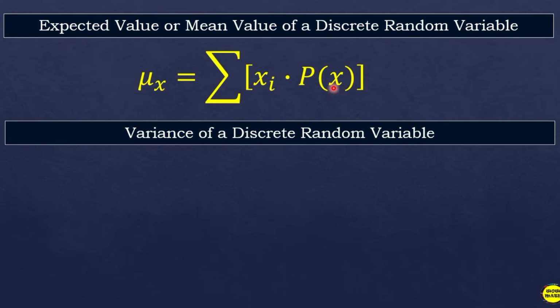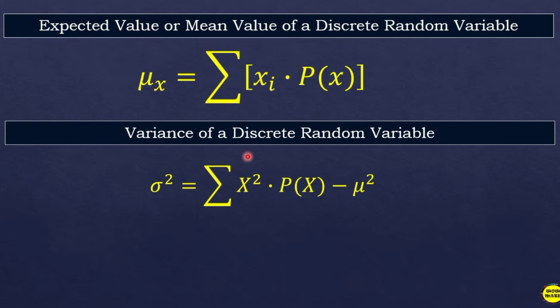And then for the variance of a discrete random variable, we're using this formula: the summation of the squared value of the random variable times the corresponding probability, minus the squared value of the mean.